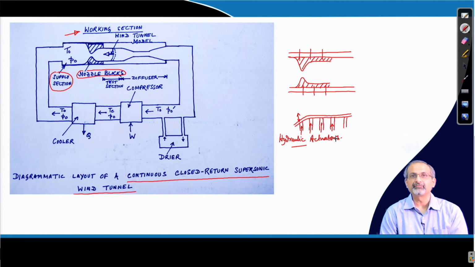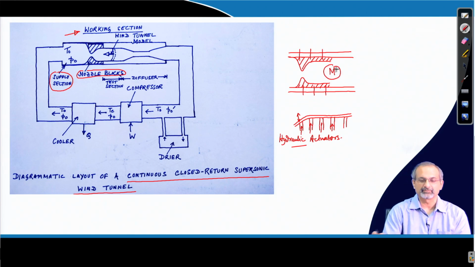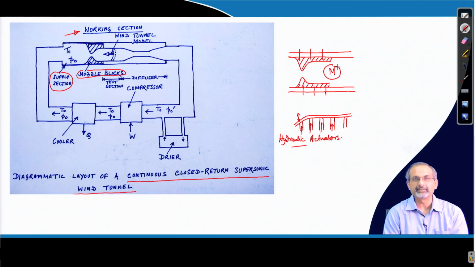So, there you can have variable sections created with the same steel sheet liners, but if you have fixed nozzle blocks, then this needs to be changed every time you change the test section Mach number. So, that is how it is normally done, but in certain facilities you also have the convenience of having flexible sections.